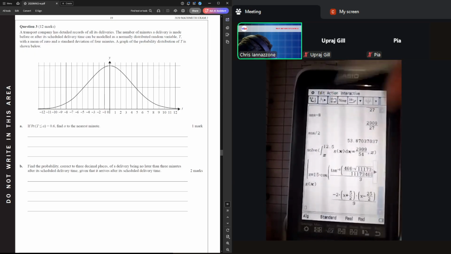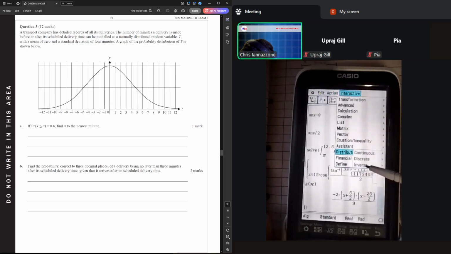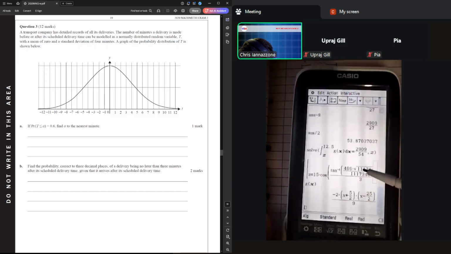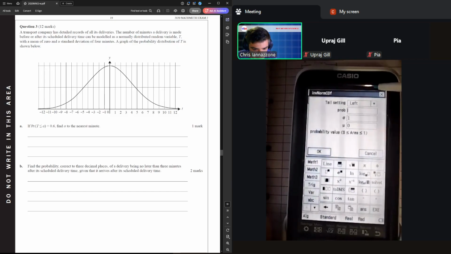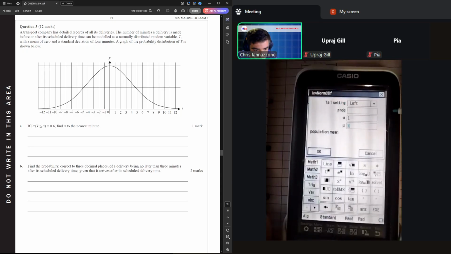Obviously that would have worked, but I'd rather you see the interactive. So you can set your tail, whether you want to point left or right. We'll ignore the center one because it's very rare. Probability is the same thing as area, and then standard deviation and mean, as we saw earlier.